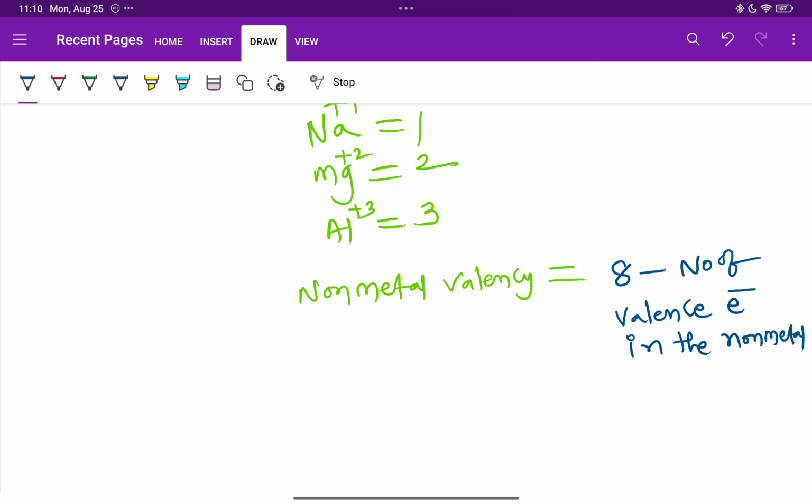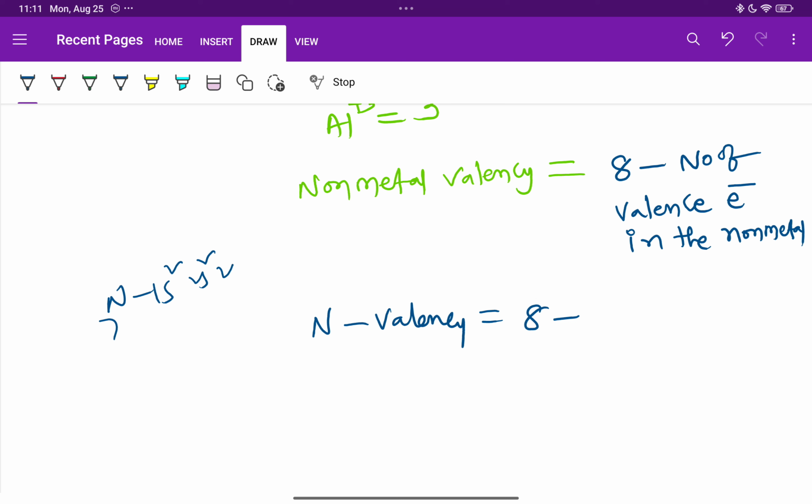For example, nitrogen is a non-metal. I want nitrogen valency, that is equal to 8 minus the number of valence electrons. Nitrogen 1s2, 2s2, 2p3, that is 5. So the answer is 3. Nitrogen valency is 3, that is why nitrogen shows a -3 charge.